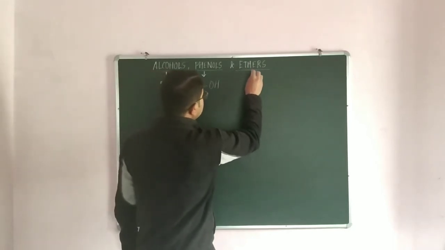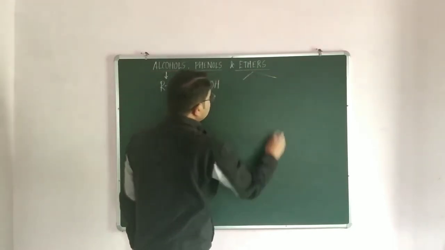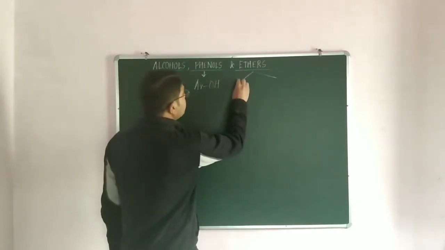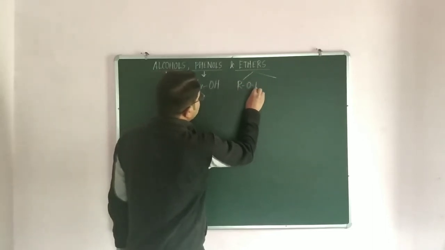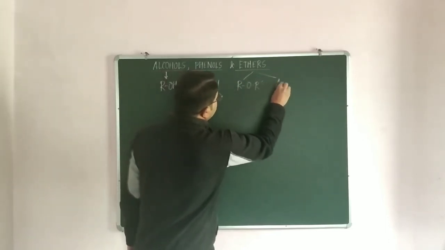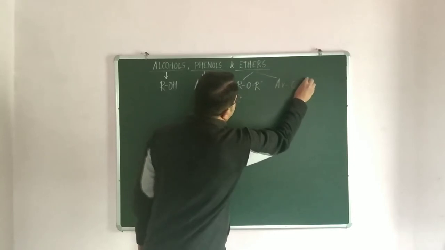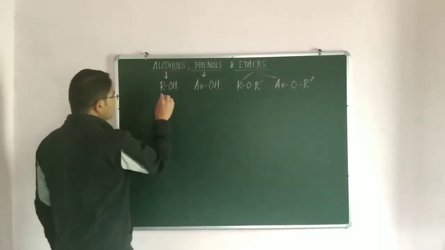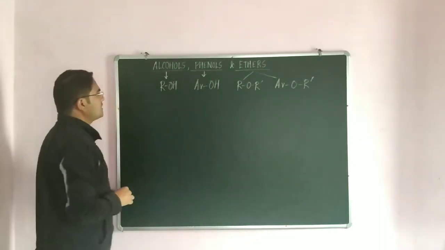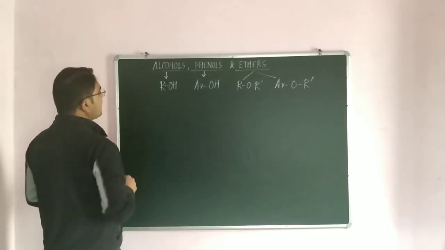And for ethers, we have two categories. One is for aliphatic compounds, that is ROR', and for aromatic we use ArOR'. So here, in alcohols, R is an alkyl group.